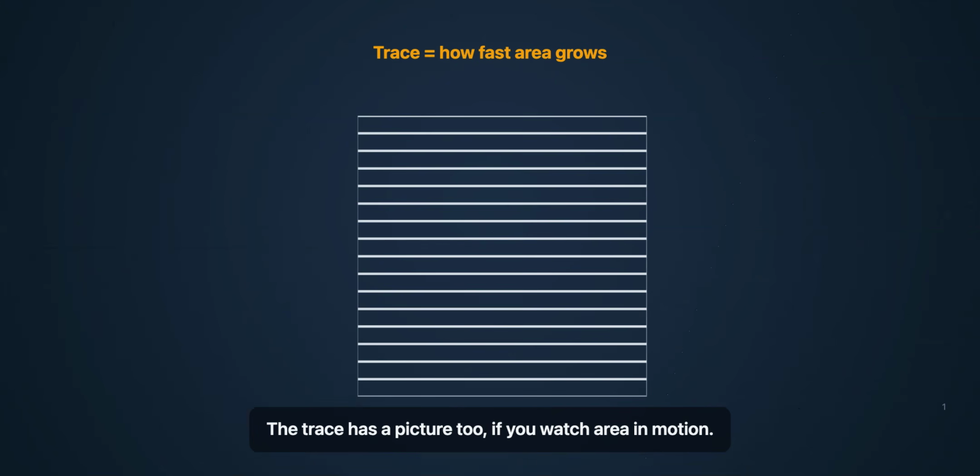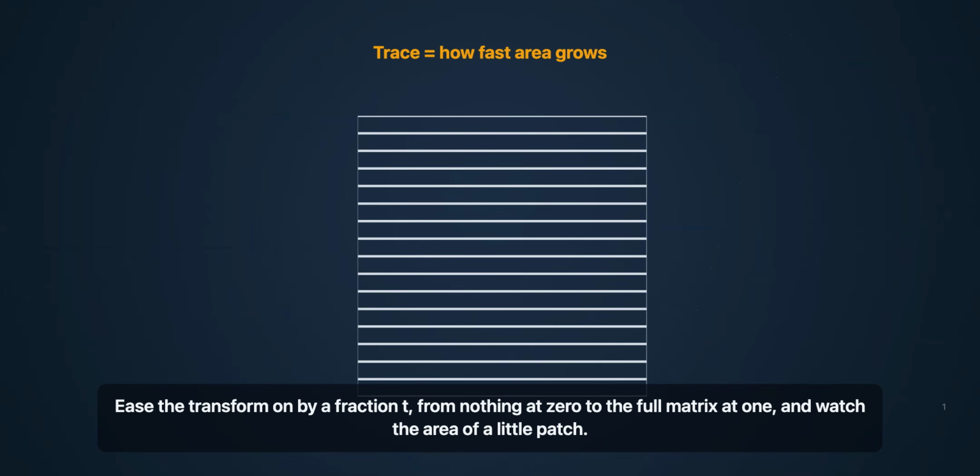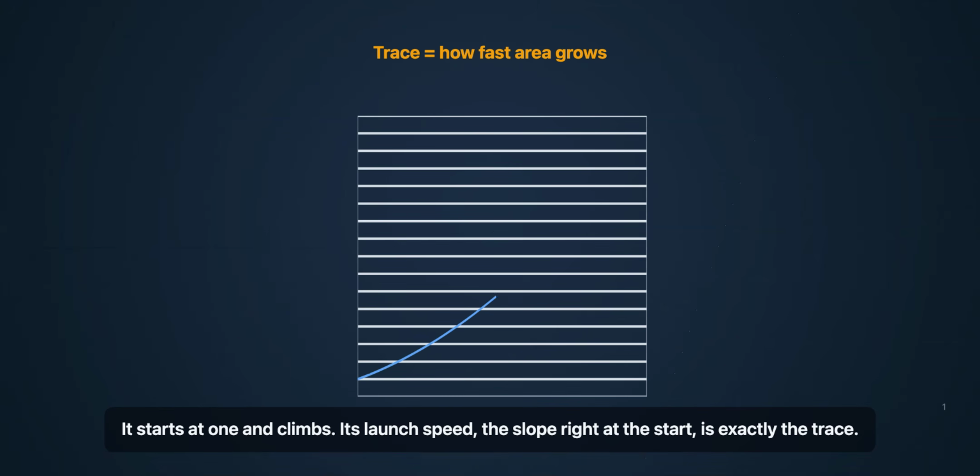The trace has a picture too, if you watch area in motion. Ease the transform on by a fraction t, from nothing at 0 to the full matrix at 1, and watch the area of a little patch. It starts at 1 and climbs. Its launch speed, the slope right at the start, is exactly the trace, which is 6.